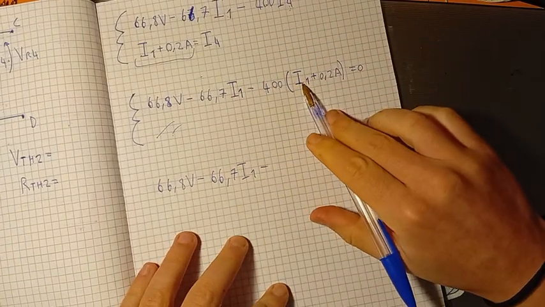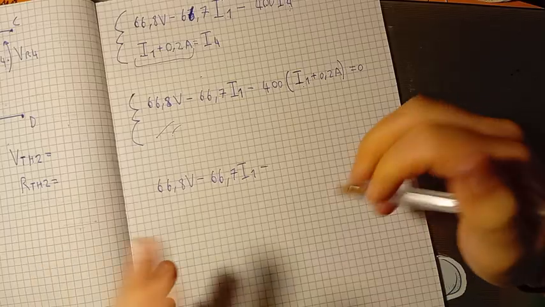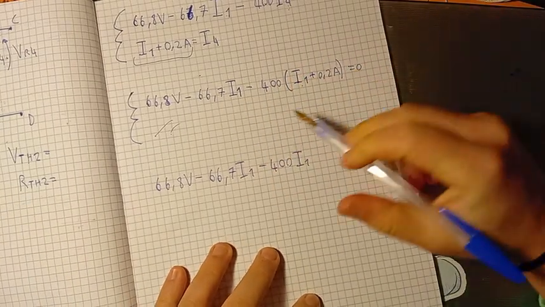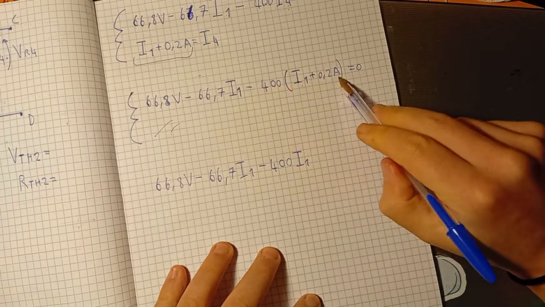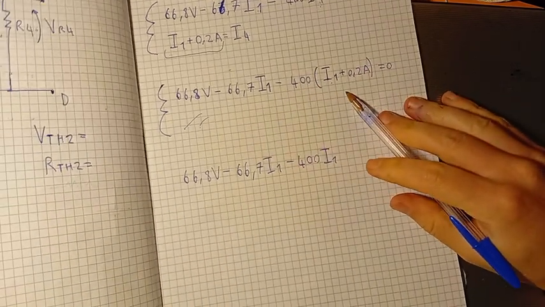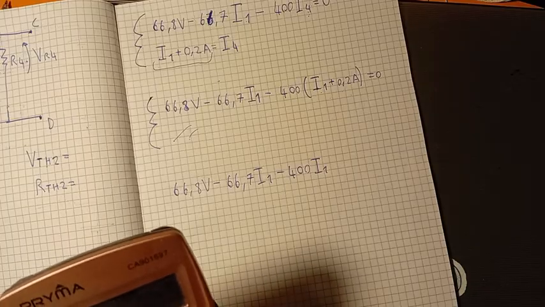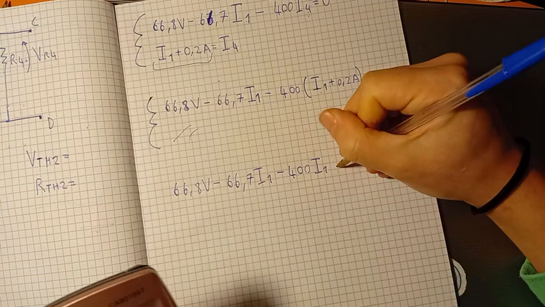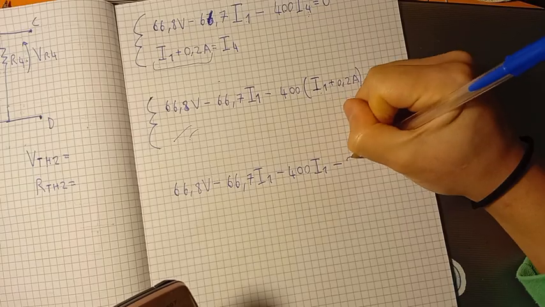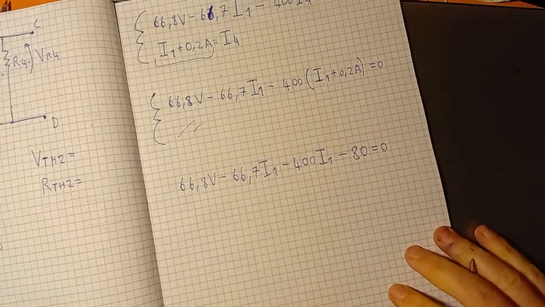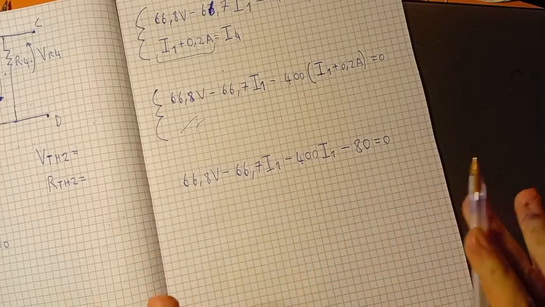400 multiplied for I1, the result is 400 I1. And then 400 multiplied for 0.2, the result is 80. So minus 80 equal to 0. Okay, so this is our equation now.